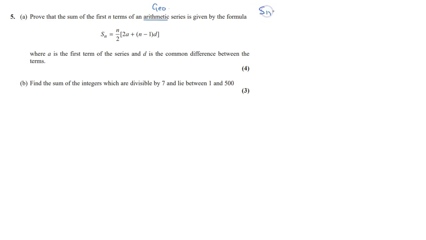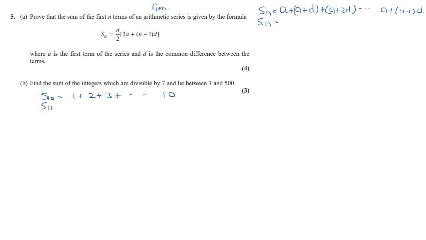Sn is equal to: the first term is a, the second is a plus d, the third is a plus 2d, and so on, and the last will be a plus (n minus 1)d. The concept is this: suppose we have to add the first 10 terms, so 1 plus 2 plus 3 up to 10.